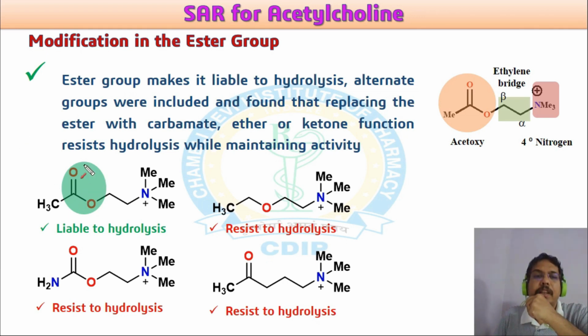So if you look, this ester is liable to hydrolysis, but we can prevent this hydrolysis by changing the methyl to a carbamate type of system. Then it shows resistance towards hydrolysis by the acetylcholinesterase enzymes.